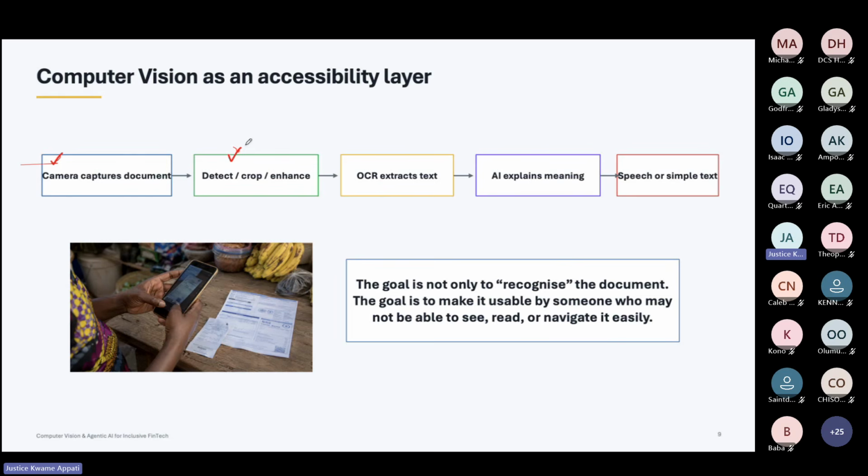Of what relevance is it? This is where the machine learning models will now come in to explain what's in there. This is where, again, those who take you through the LLMs will explain how to deduce meaning from what is being generated from the OCR. But I still can't see. For that reason, it will now read back to me what's inside the document.